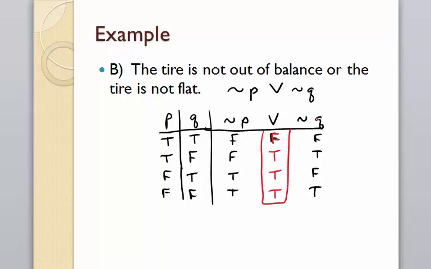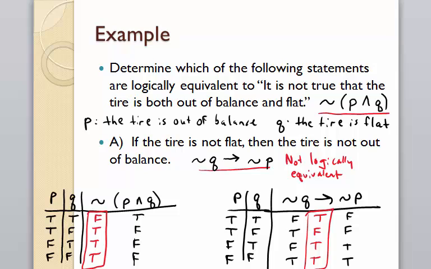Now let's go back and compare that to the original truth table. So note here we have false, true, true, true. We're comparing it right here, false, true, true, true.